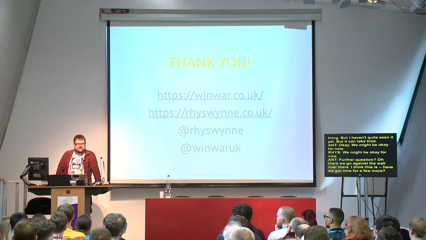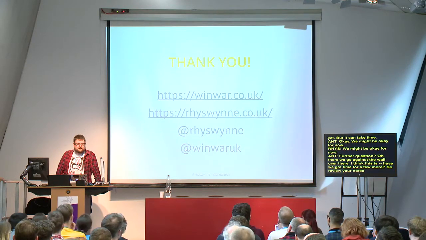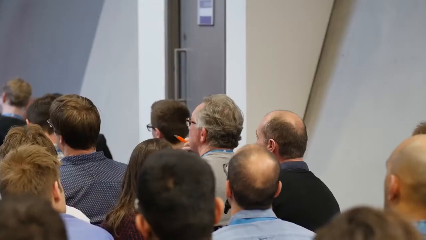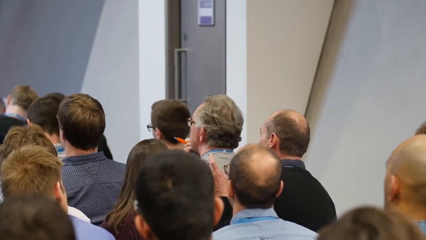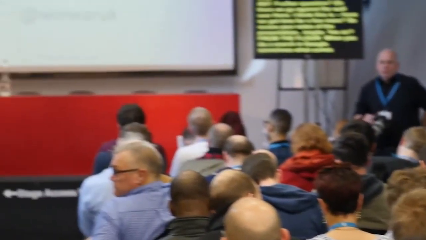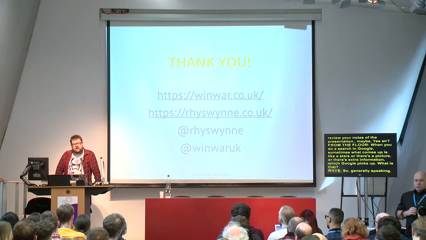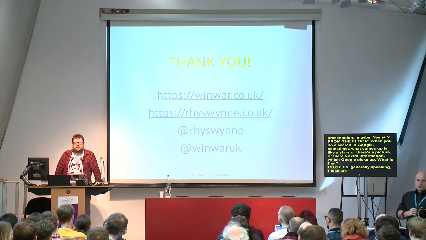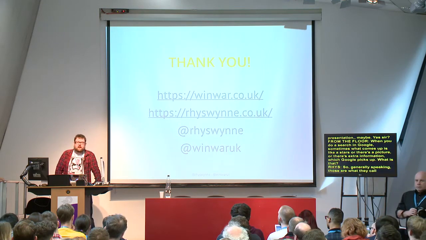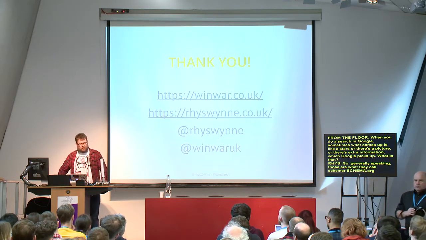Yes, sir. When you do a search in Google, sometimes what comes up is stars, or there's a picture, or there's extra information, which Google picks up. What is that? Generally speaking, that is what they call schema, schema.org. It's a way of structuring your data around certain things.